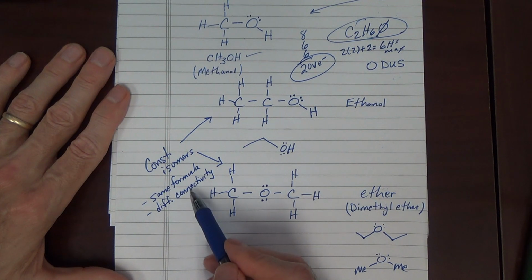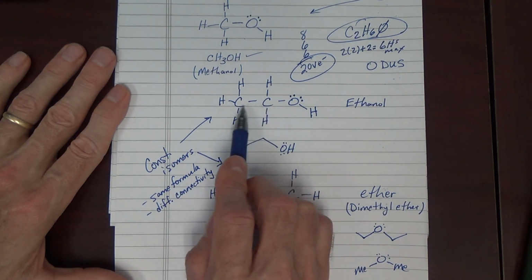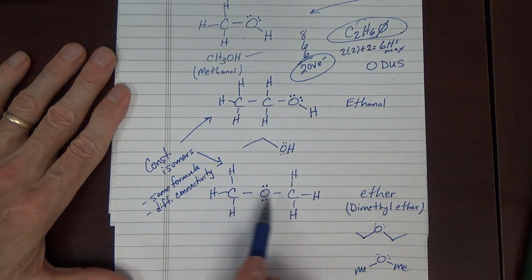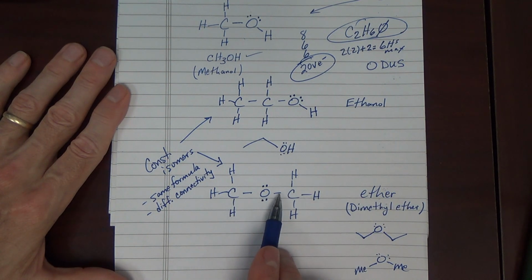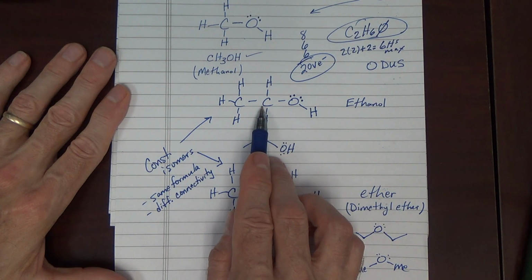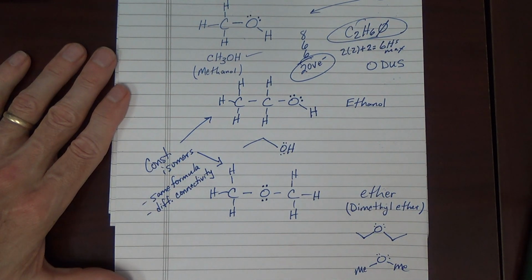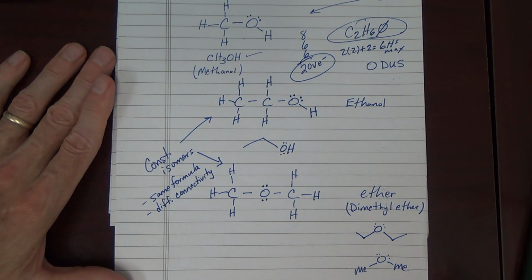Things are connected differently. Here the 2 carbons are connected to each other. Down here they're not. They have different connectivity. Here the oxygen is connected to 2 carbons. Here the oxygen is only connected to 1 carbon. We can say bonded. The term connected or connectivity is used here typically when you discuss constitutional isomers.